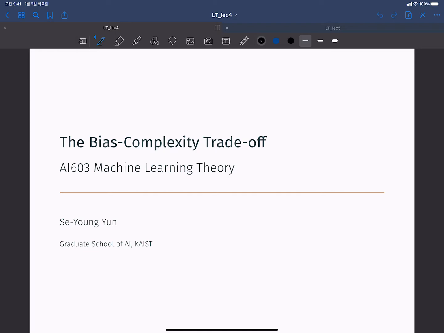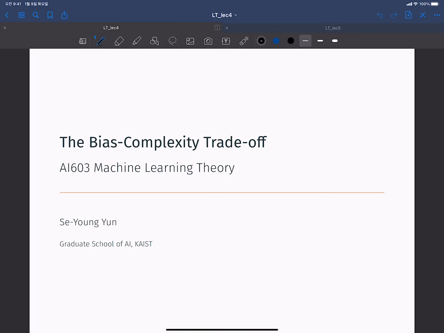Okay. So this time we will discuss the bias and complexity trade-off, also called the bias and variance trade-off. Essentially, when we consider a very complicated hypothesis class, with a lot of hypotheses, with a high chance the ground truth, the true distribution that really generated the data set, can also belong to the hypothesis set if it includes a lot of different functions.